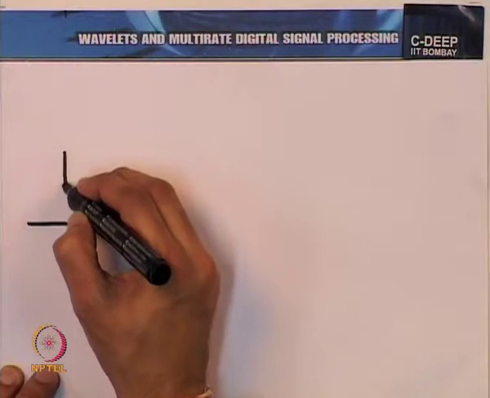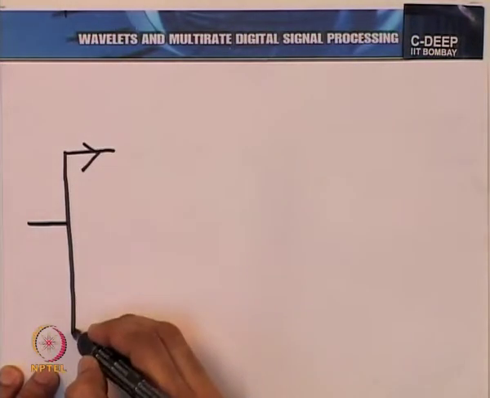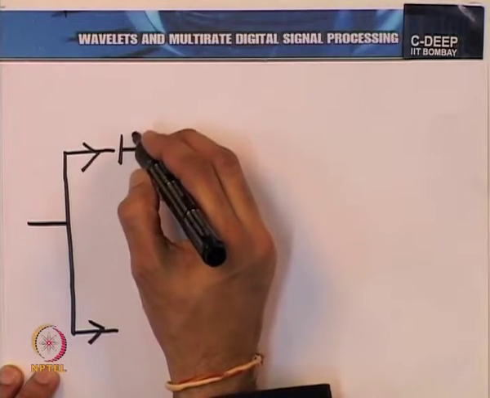So, let us once again draw the structure of the two channel filter bank, which we have been looking at in some of the previous lectures. Recall that the two channel filter bank has an analysis component and a synthesis component.